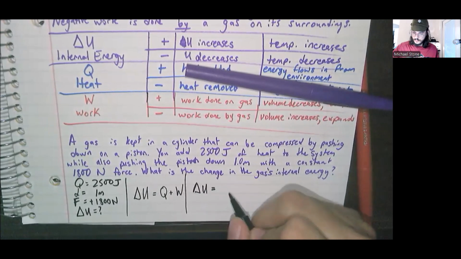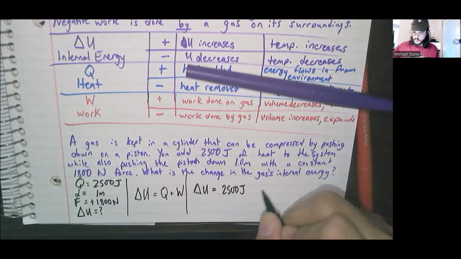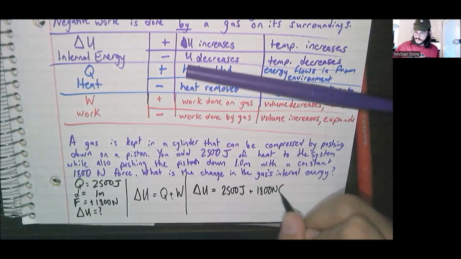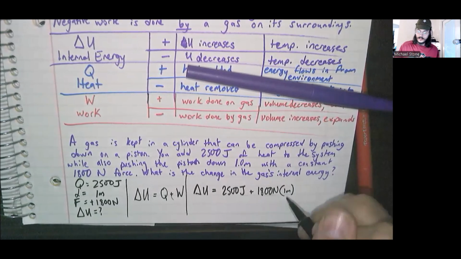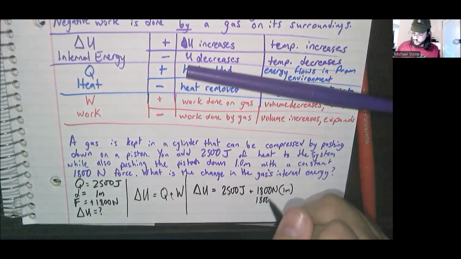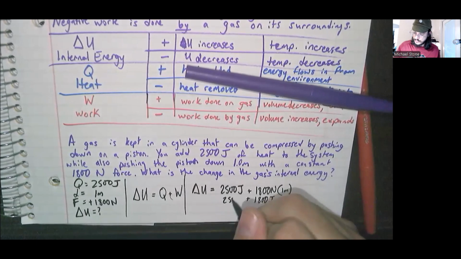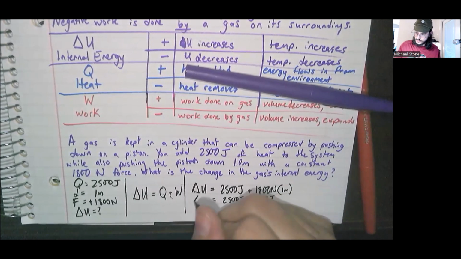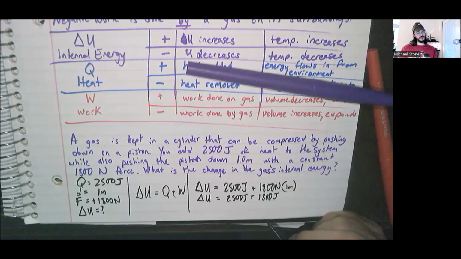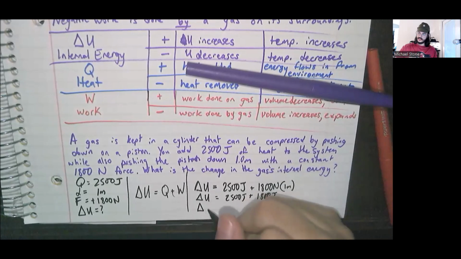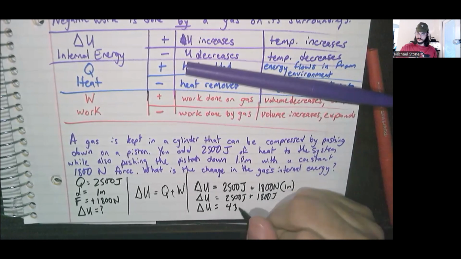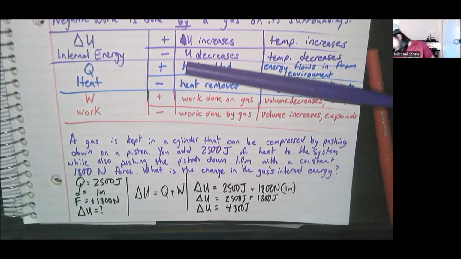Delta U equals 2,500 joules plus the work, and work is force times distance. 1,800 newtons times 1 meter is 1,800 joules of energy added as work, because newton meters are joules. 2,500 plus 1,800 gives us 4,300 joules.